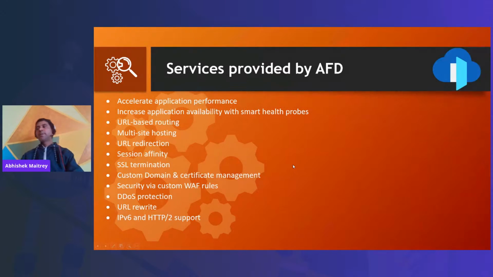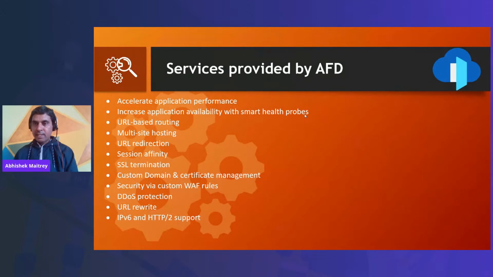These are the services provided by Azure Front Door: accelerate application performance, increase application availability, and a smart health probe. Here, the health probe is an inbuilt internal service of Azure Front Door which periodically checks the health of your application.